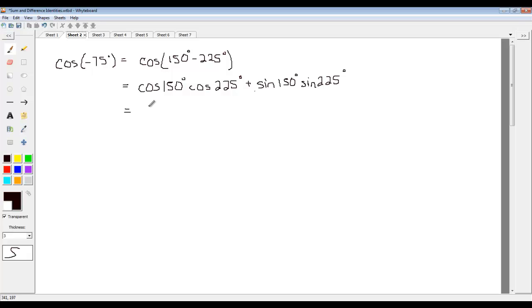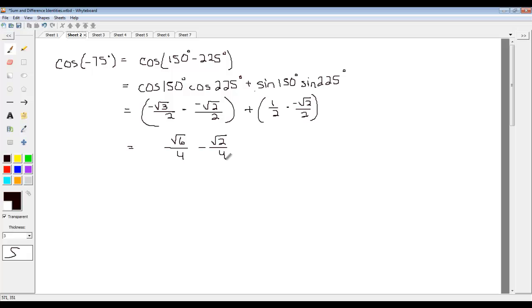I've got negative square root of 3 over 2 times negative square root of 2 over 2 plus 1/2 times negative square root of 2 over 2. So we got what? Square root of 6 over 4 minus square root of 2 over 4.